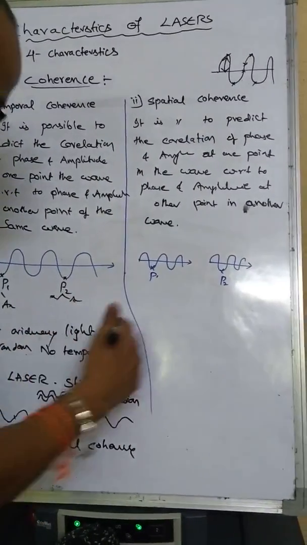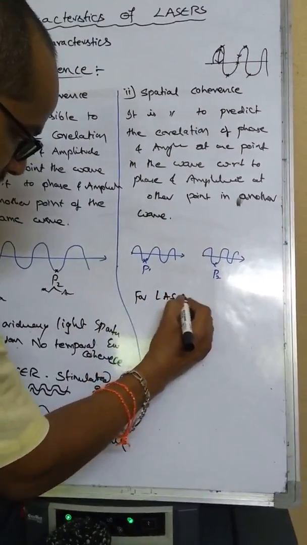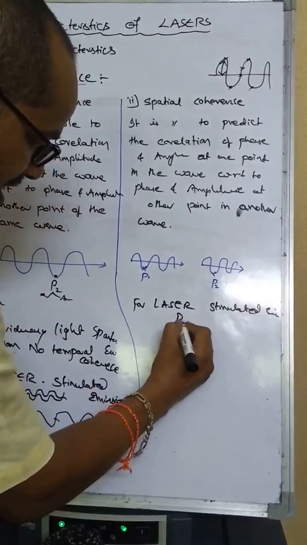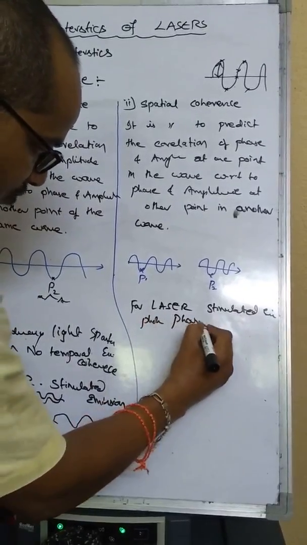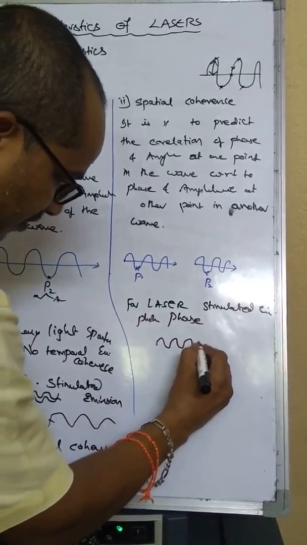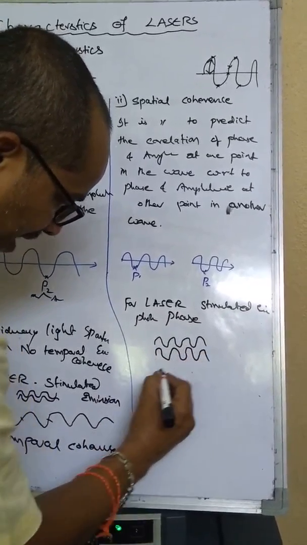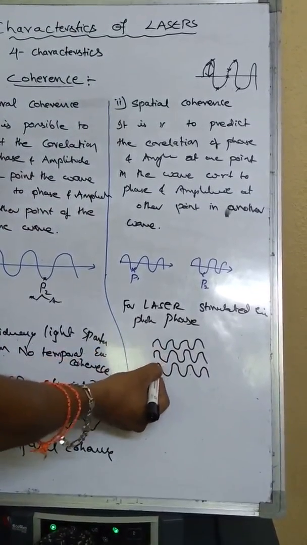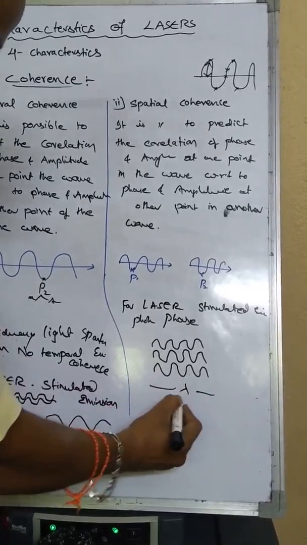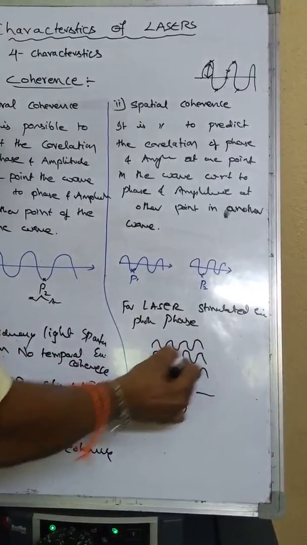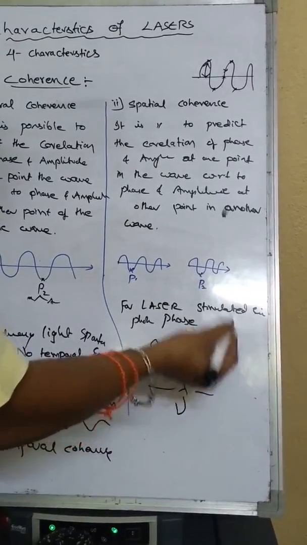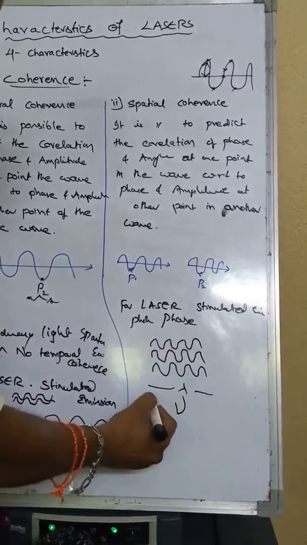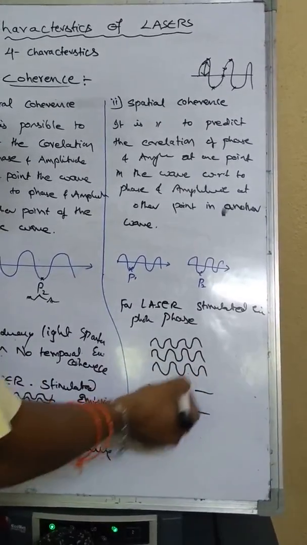So therefore, for a laser, due to stimulated emission, the photons will be in phase, and as the photons are in phase, all are maintaining the same phase. Phase means the wavelength is the same, and the frequency is also the same, that is the number of vibrations per second. Let me go for an example: 2 waves per second, the frequency is the same, and the wavelength is also the same.